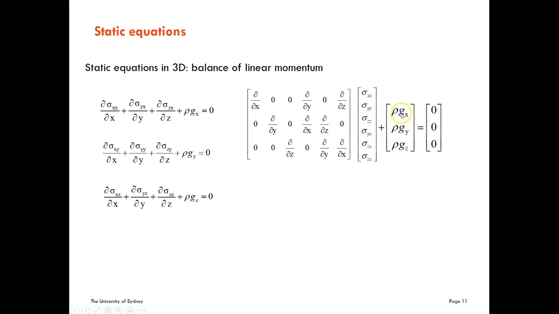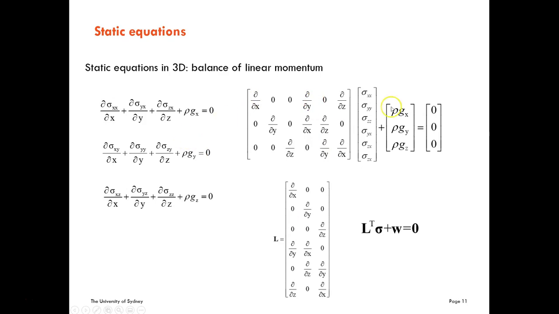This is the body forces vector, or unit weight vector, and this is the zero vector. So remember that this was L, and you can identify that this one is the transpose of L. So this L appears in the kinematic equations and in the static equations, but in the static equations it appears transposed. So these equations can be written like this: transpose of L multiplied by the stress vector plus the body force vector is equal to 0.